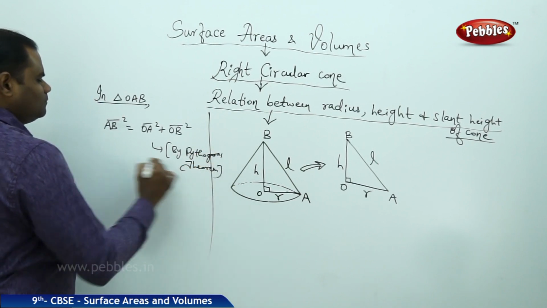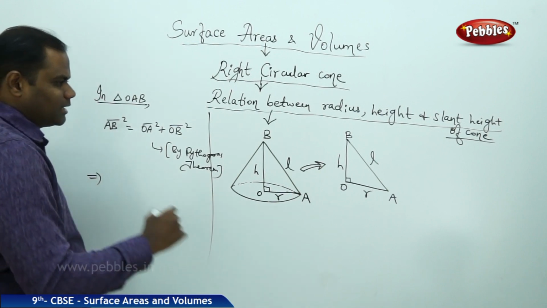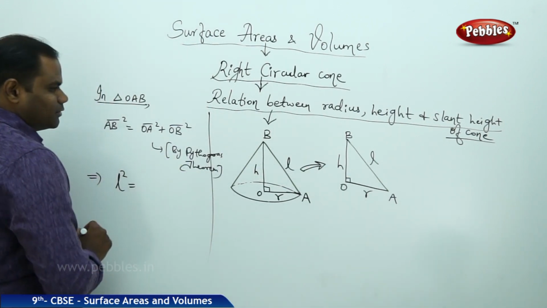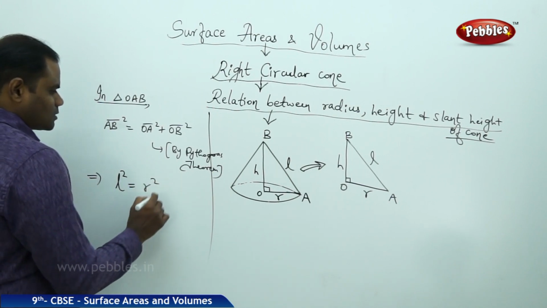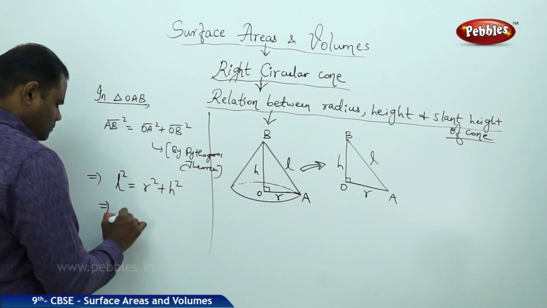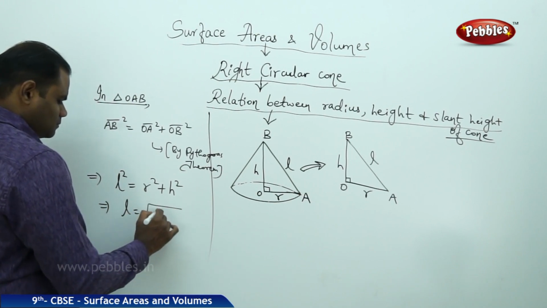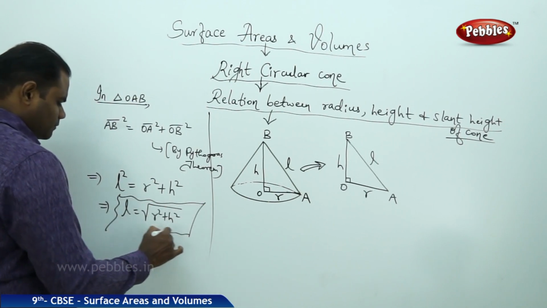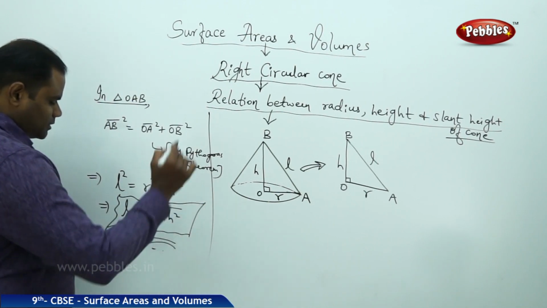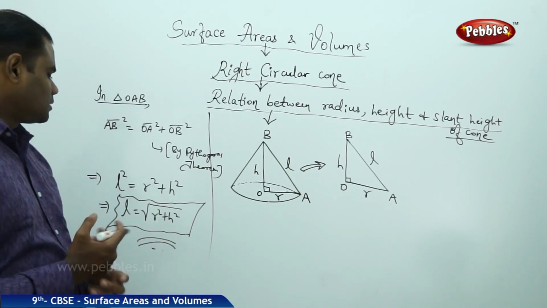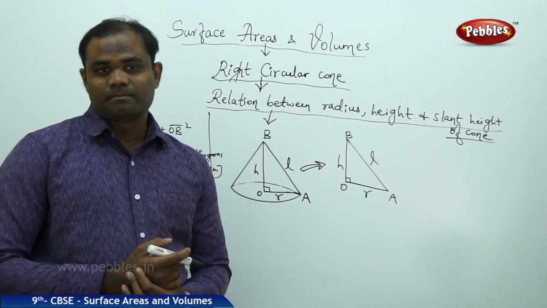That implies AB, which is l, gives l squared equals OA, which is r squared, plus OB, which is h squared. So the relation between l, r and h is l equals root of r squared plus h squared, or l squared is r squared plus h squared.